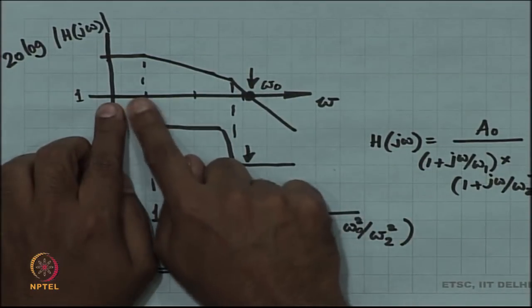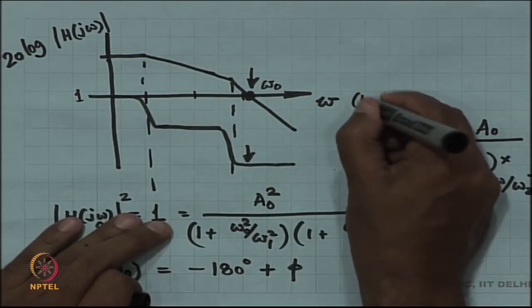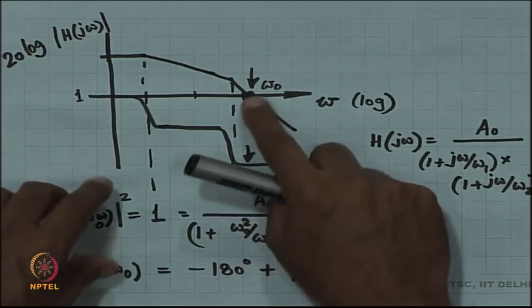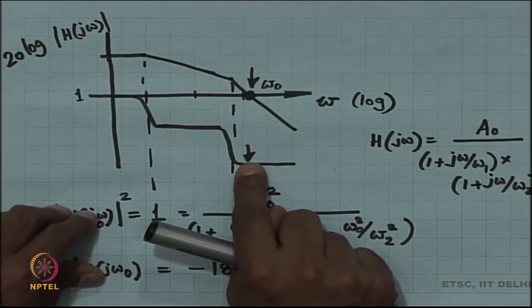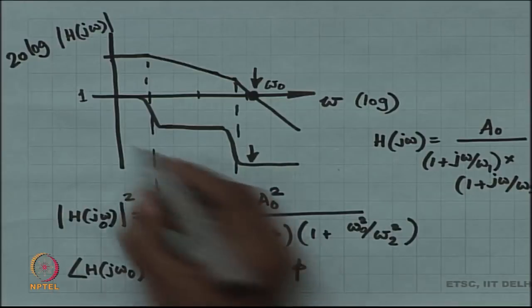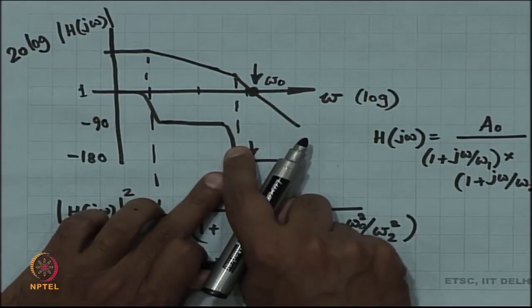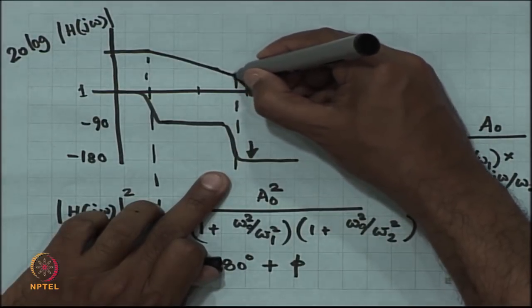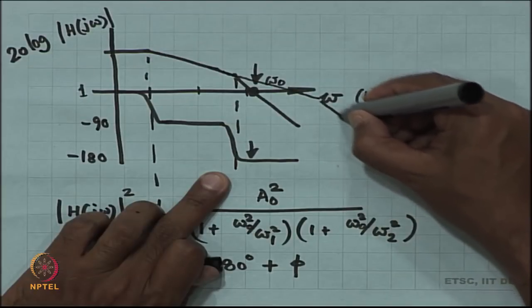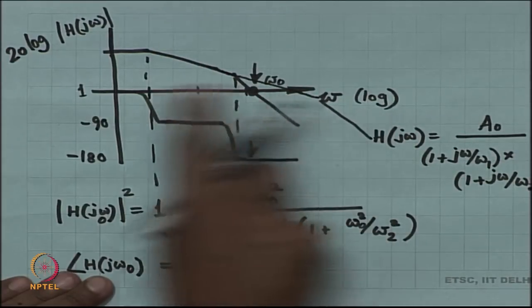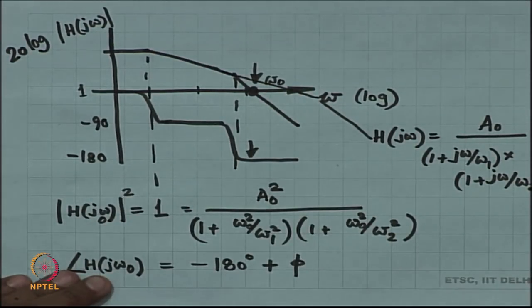Okay. Remember, omega is in the log scale. That is the clue. Omega is in the log scale. Why I am giving this as the clue is that if I want this phase to be more than minus 180 degrees, okay, then that means the second pole has to come after omega naught hits 0 dB or 1, right.